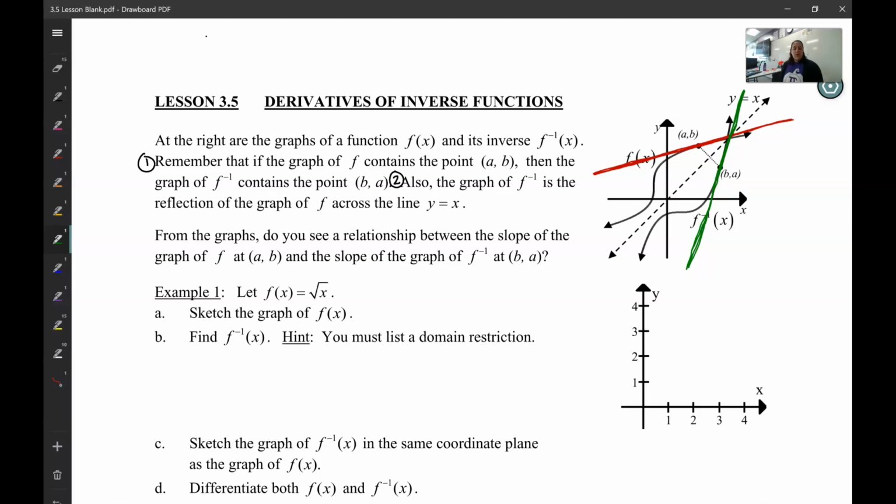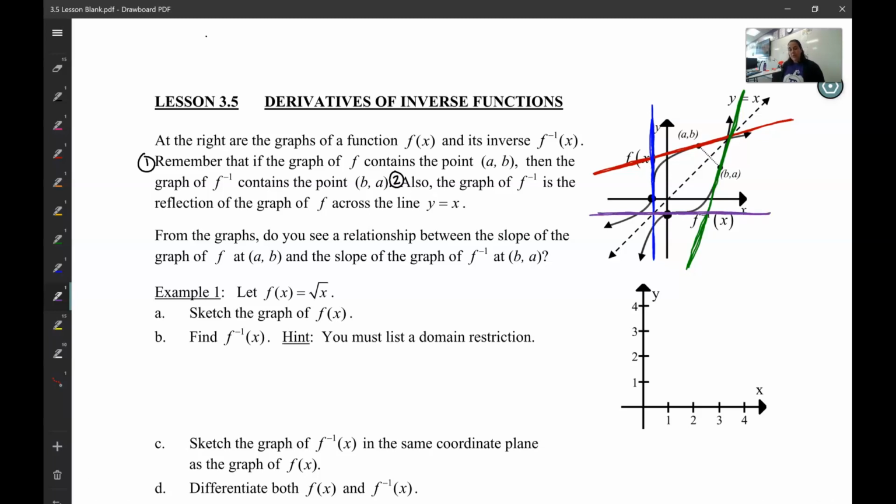Now, do you notice anything that these lines have in common? It might be a little hard to see. So instead, I'm going to pick the intercepts right here and do it again. Let's do this one. So the graph of this is going to be about like that. And then the graph of the inverse is going to be about like that.